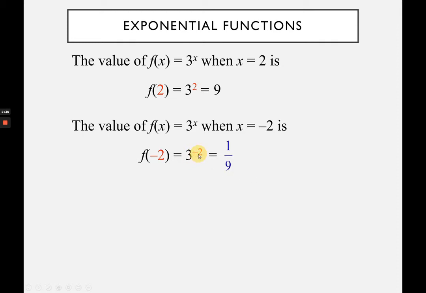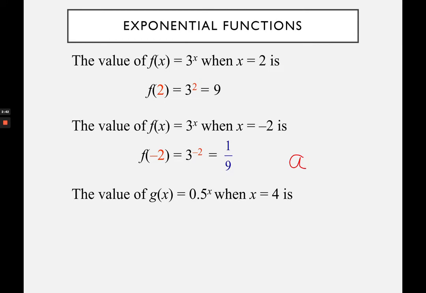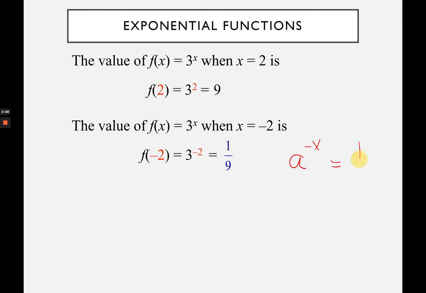According to your laws of exponents, any number raised to a negative exponent will be written as 1 over that value with the same exponent, but it becomes positive. That explains why 3 raised to negative 2 becomes 1 over 9.